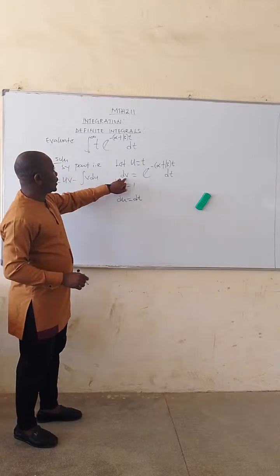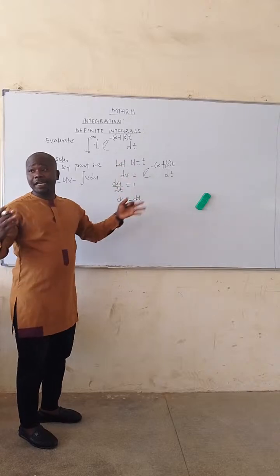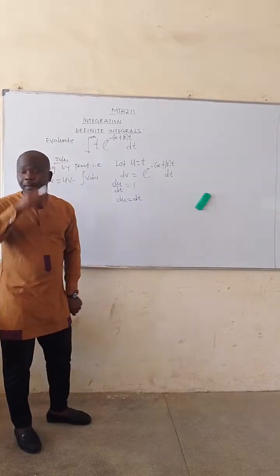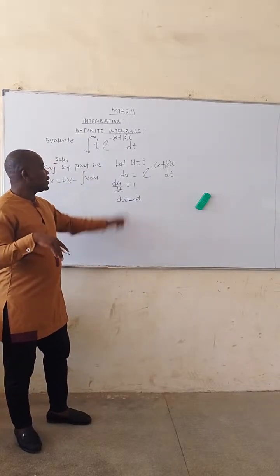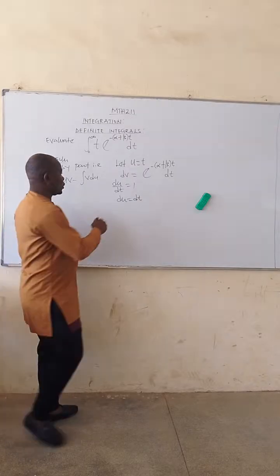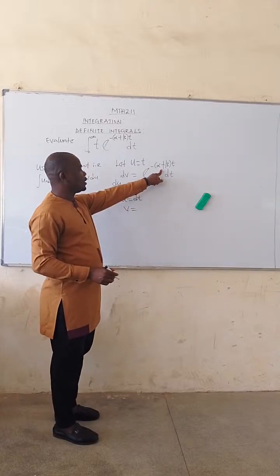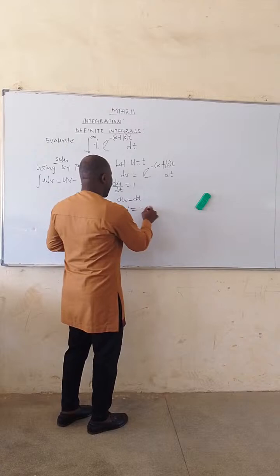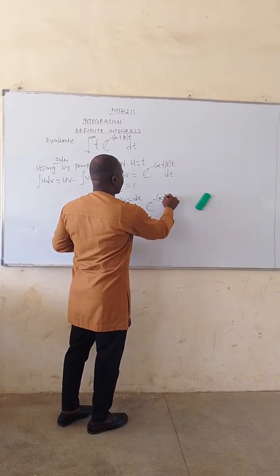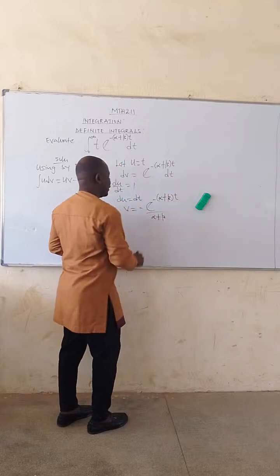Then we integrate both sides. We integrate dv and this exponential dt, two of us. So if you integrate dv, you are supposed to have v. So the left hand side will be v, then equals to, if you integrate this, minus exponential open bracket alpha plus beta t all over alpha plus beta.